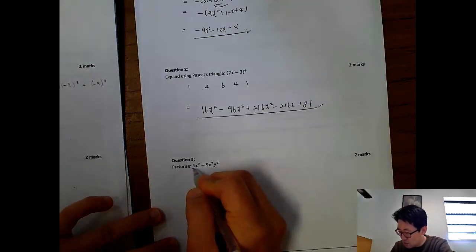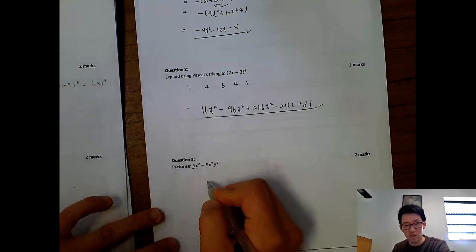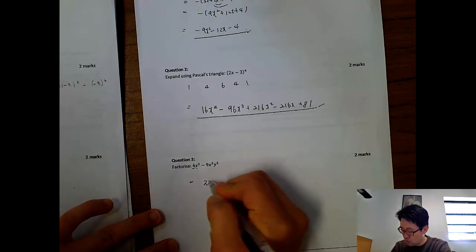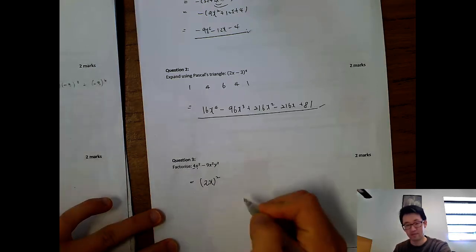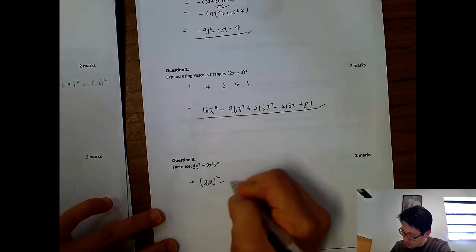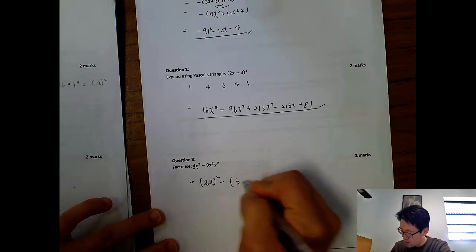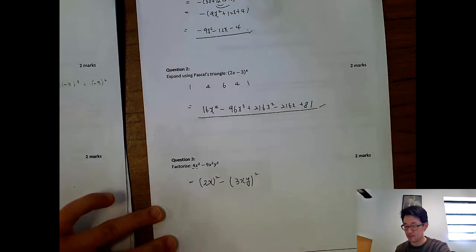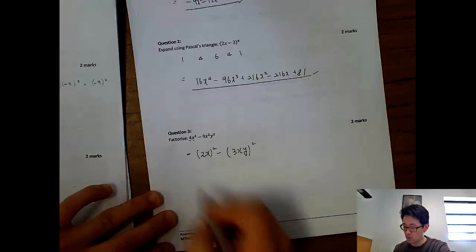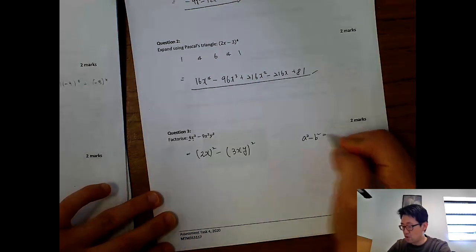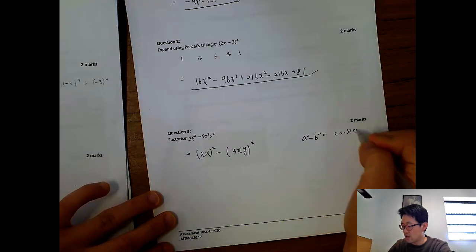I can see that 2x is a squared number here, isn't it? So I can write this as 2x squared, since it's 2 squared and x squared, minus 3. 9 is 3 squared, and x squared y squared, so I can write this as a whole squared number. Do you remember, a squared minus b squared was a minus b, a plus b?